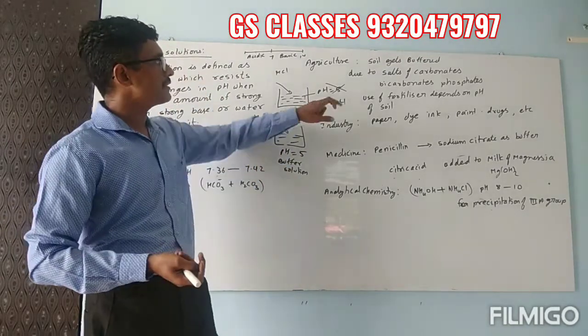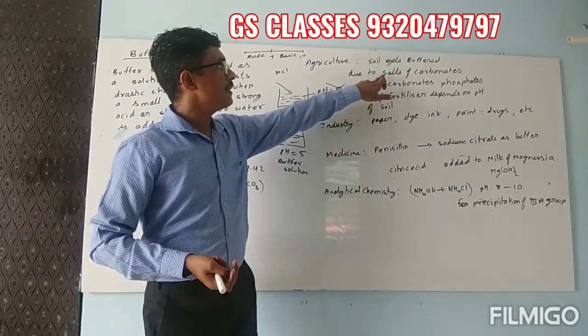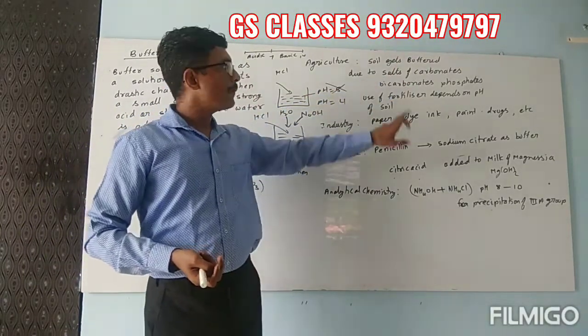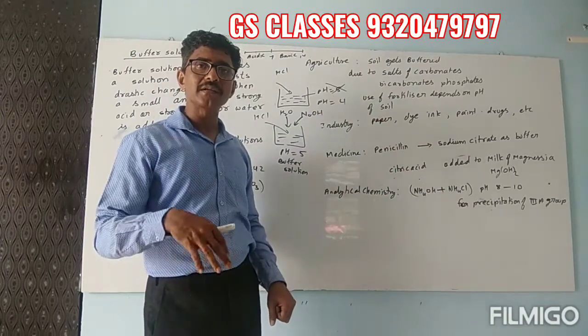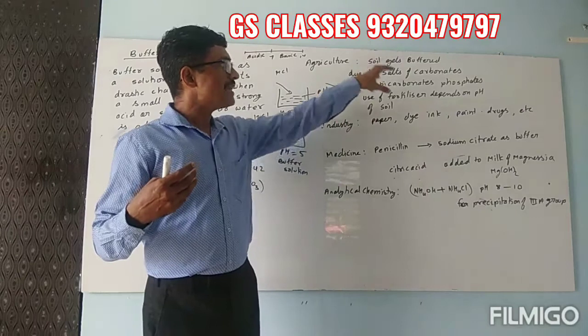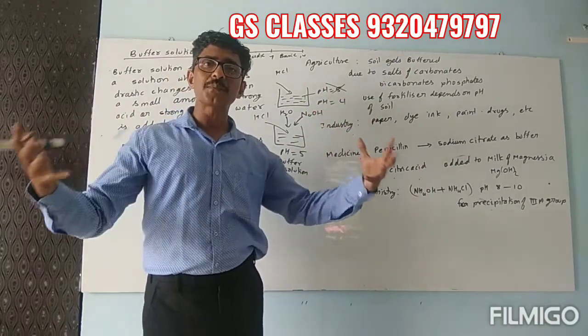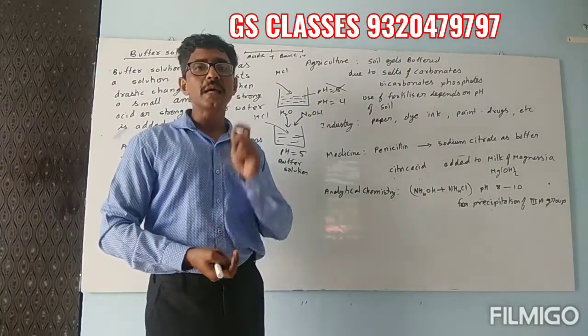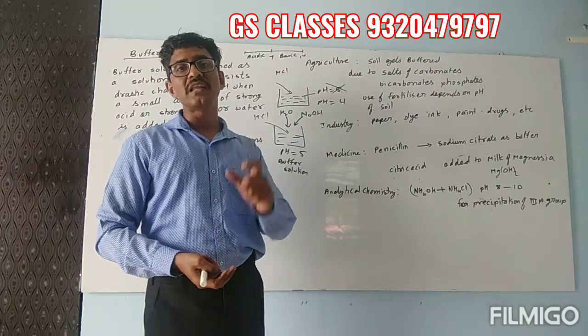Because of the chemicals. Which chemicals? Carbonates, bicarbonate, sodium bicarbonate and phosphates. These chemical substances which are present in the soil maintain the pH level of that soil.